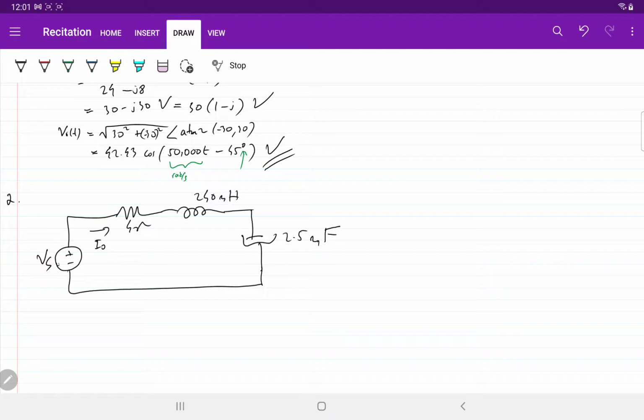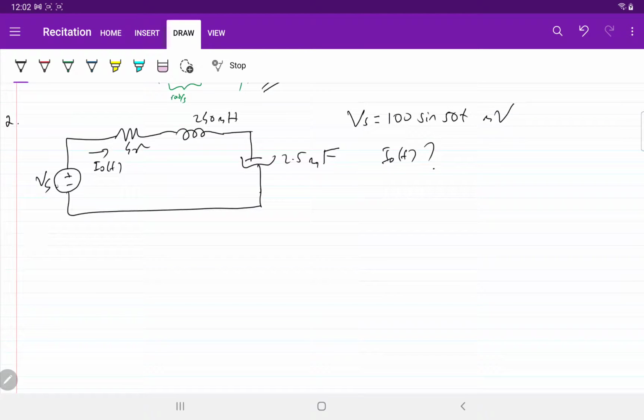So I0 is the current flowing through this circuit, I0 of t. So what is I0 of t, given that Vs is 100 sine 50t millivolt.